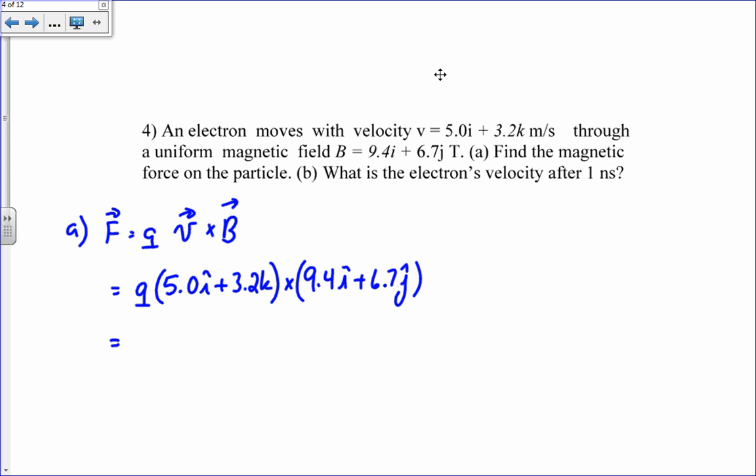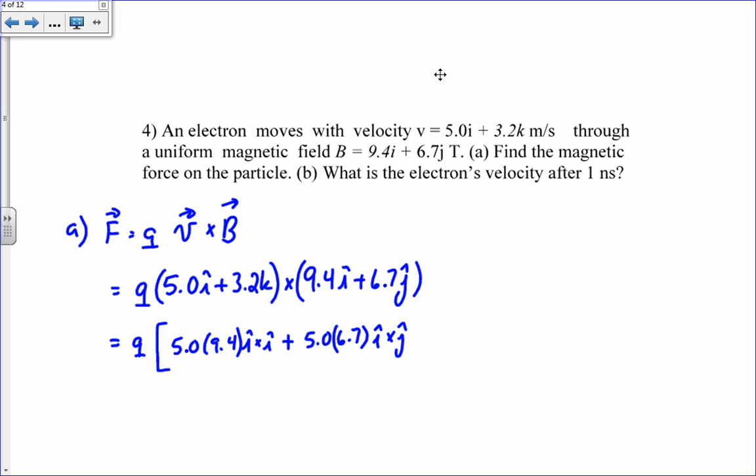Alright, now I want to take this cross product. I'm going to have 5 times 9.4, i cross i. I'm just doing FOIL, so that's first. Outer is 5 times 6.7, i cross j.